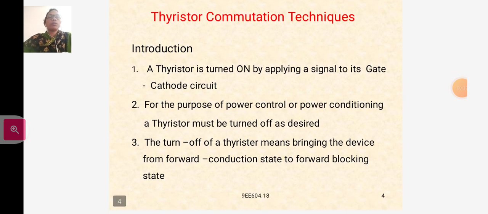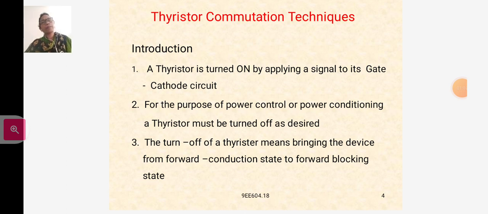So actually, what is thyristor commutation and what are these techniques? First of all, what is commutation? In electrical engineering, the term commutation means the transfer of current from one path to another path. But in power electronics, it refers to the process of turning off the thyristor or semiconductor device.